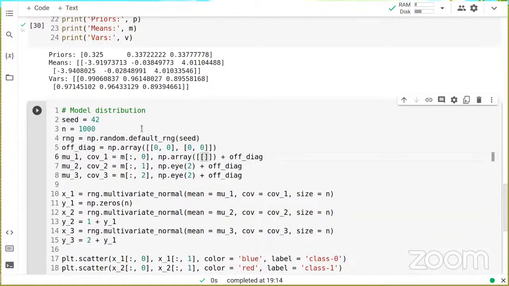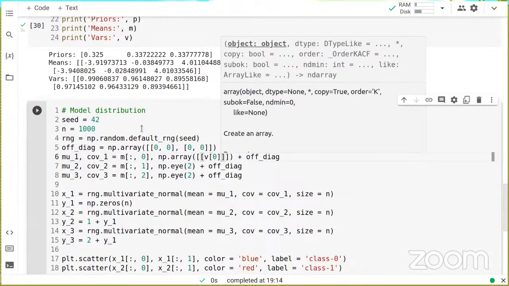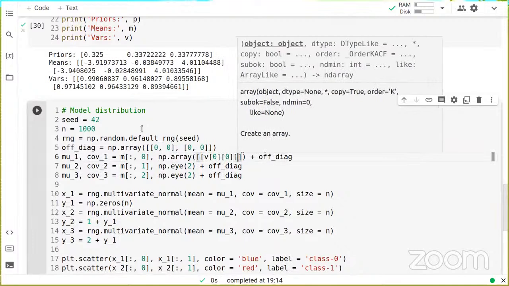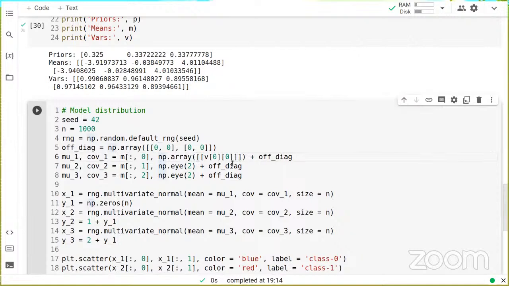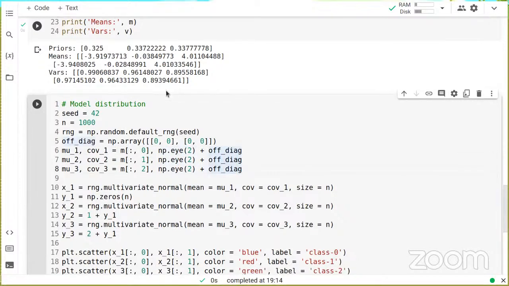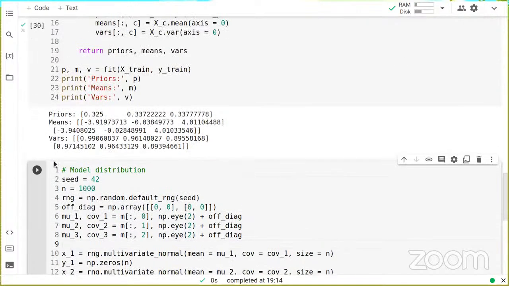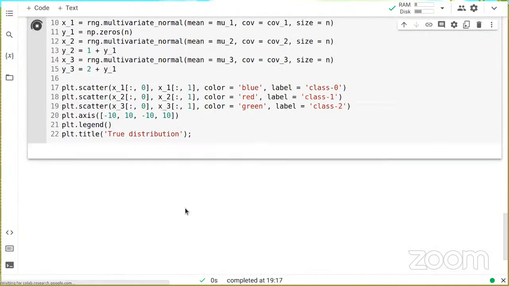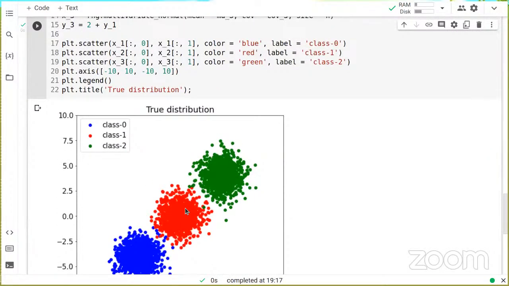So V of 0, 0. Let's settle for a compromise. Let's just say that these values are very close to 1, and it's okay to keep them as identity. I hope you don't mind. It's 0.99, 0.97. It's not too much of a difference.